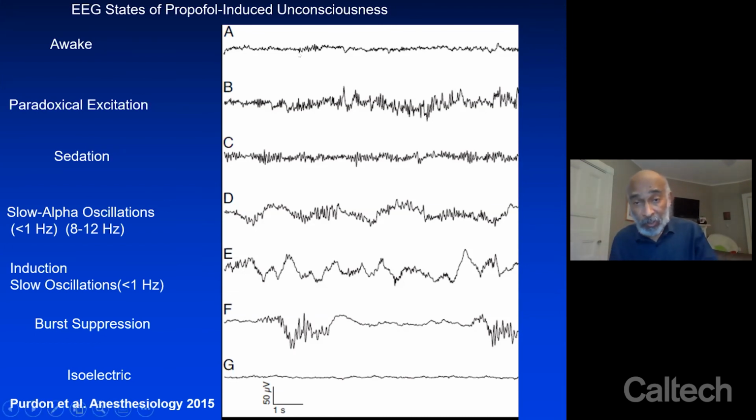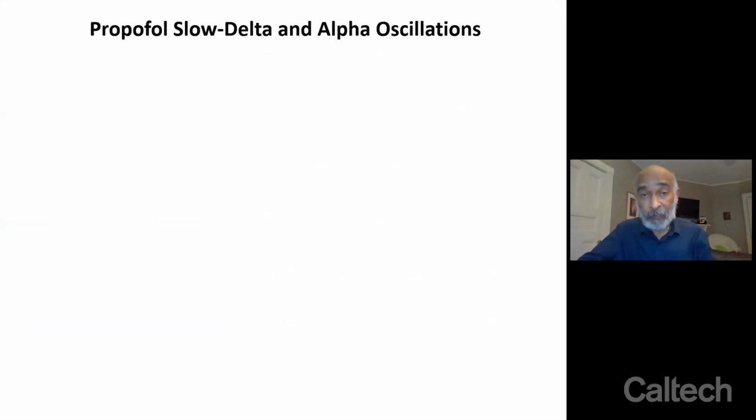So this is 5 microvolts. These are somewhere on the order of 20 to 50 microvolts. And in kids, they can be as large as 1,000 microvolts. So this is probably the strongest EEG signal there is. And we as anesthesiologists probably use it the least. And so that's a drawback.